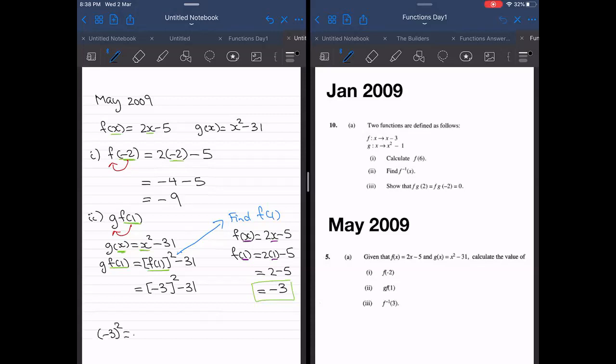Minus 3 squared is minus 3 times minus 3, and a negative times a negative is a positive. So we should have 9 minus 31. So the answer should be minus 22.